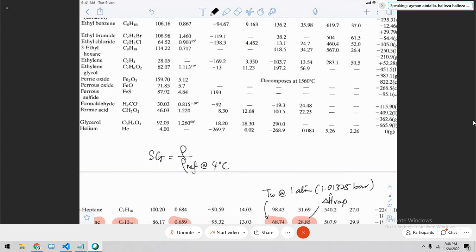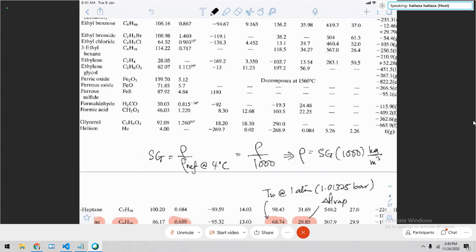Okay, so this equals 1. How about using the same unit, kilogram per cubic meter? What is that value? 1,000. Thank you. That's what I need. So the density is equal to SG times 1,000. That unit is going to be kilogram per cubic meter.